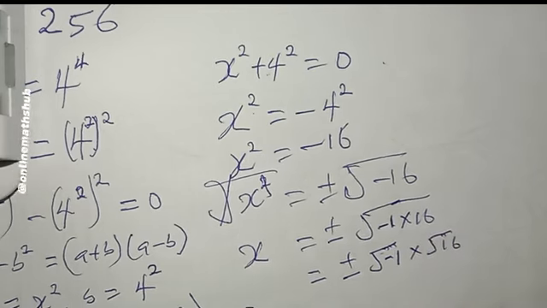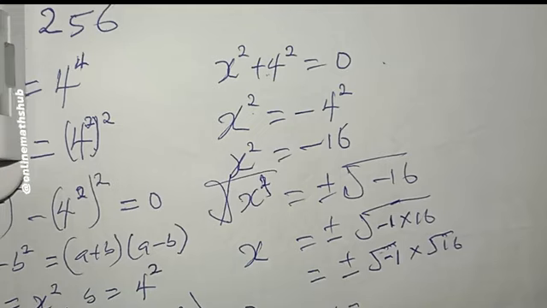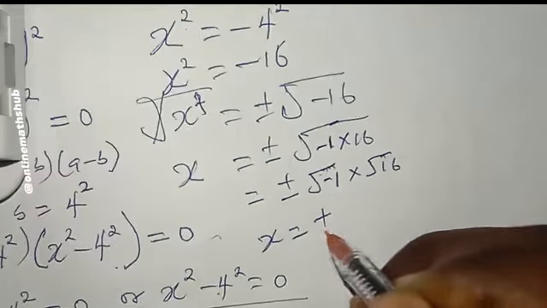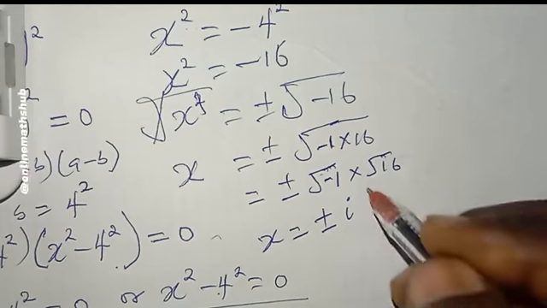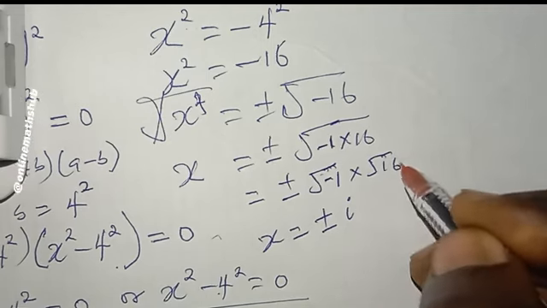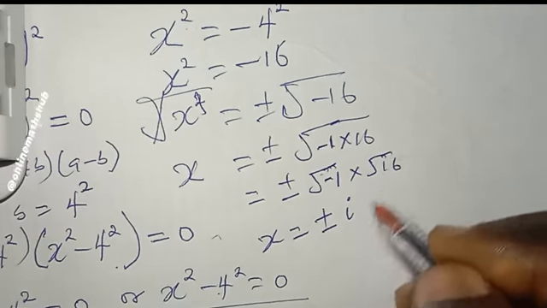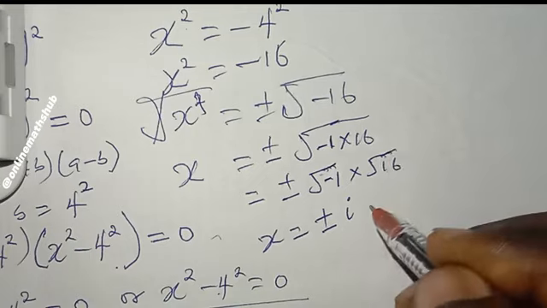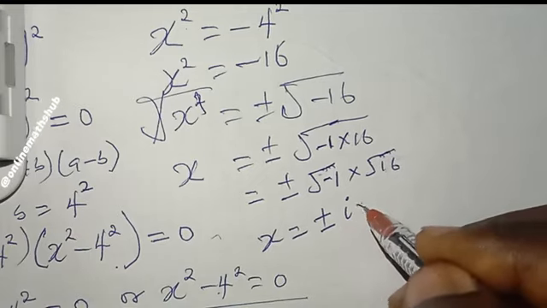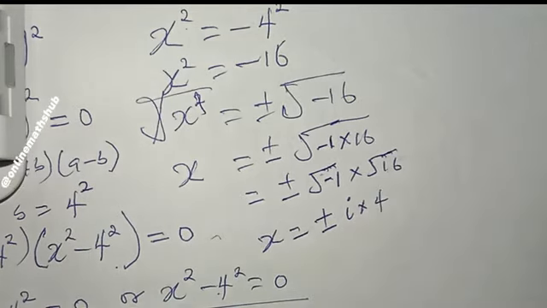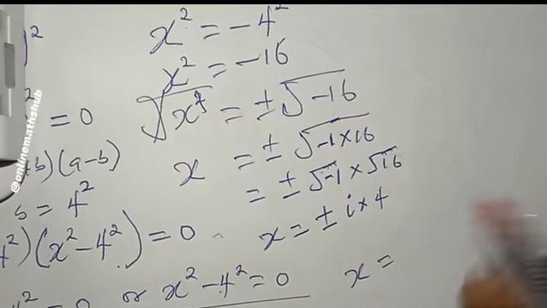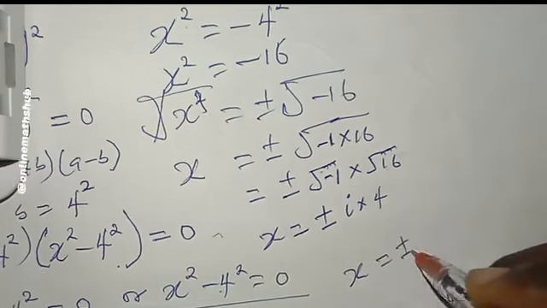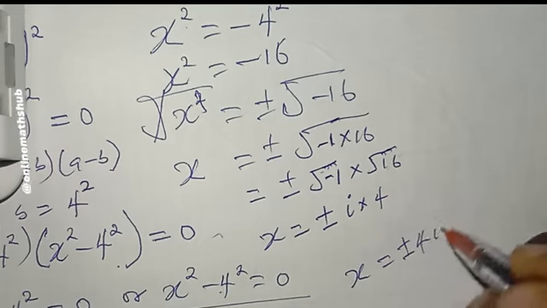So x is equal to plus or minus, root negative 1 is equal to i, multiplied by root 16, which is equal to 4. Eventually x is equal to plus or minus 4i.